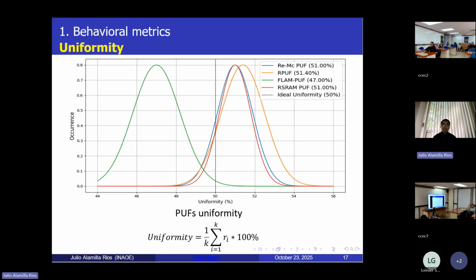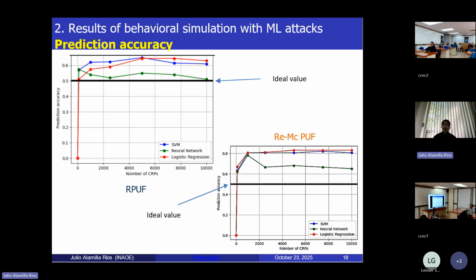In this graph, it can be observed that the reconfigurable SRAM PUF and the REMC PUF show values very close to the ideal, indicating a good balance between zeros and ones, and therefore a high degree of randomness in their responses. The next step was to evaluate the resistance of each architecture against modeling attacks based on machine learning.